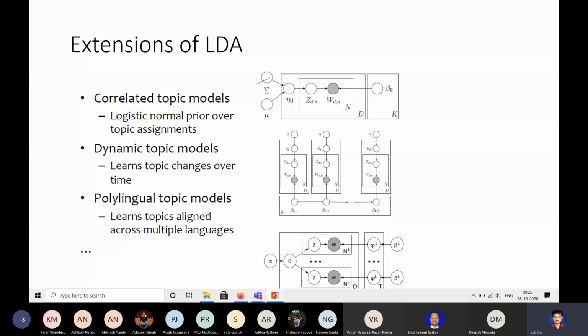Then you have dynamic topic models. You have multiple topic models changing over time. So if you do topic tracking, how does a topic, say the election topic in USA, how does it peak and change over time? So you have multiple topic models. You have polylingual topic models. So you have one topic model per language, and then there is a translation model between the languages.